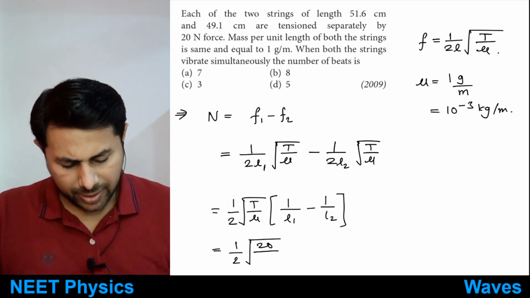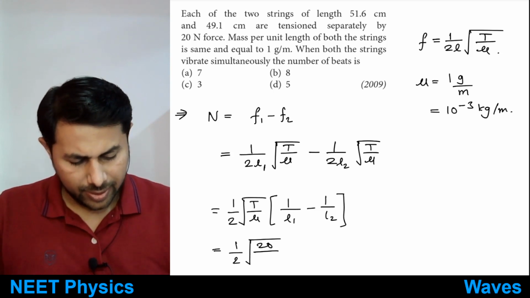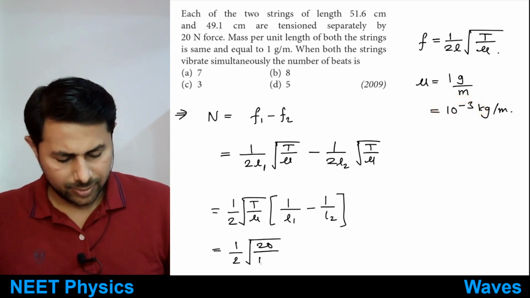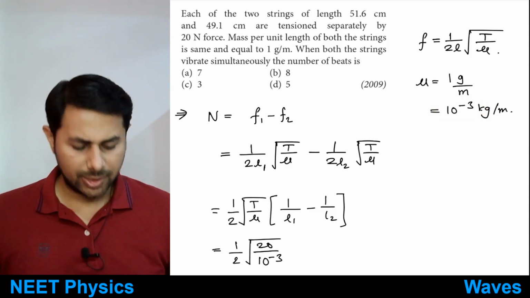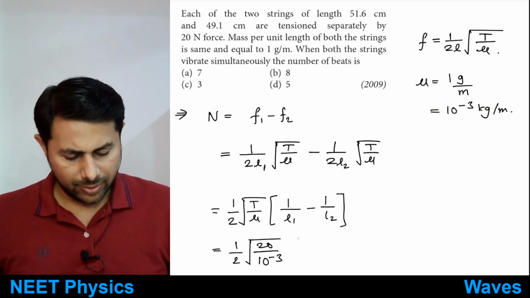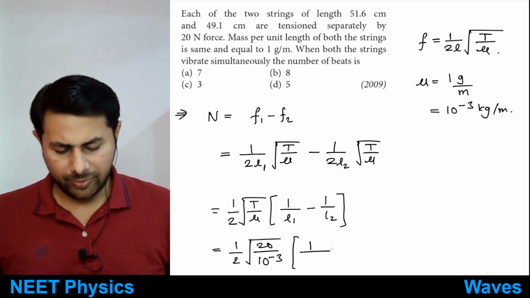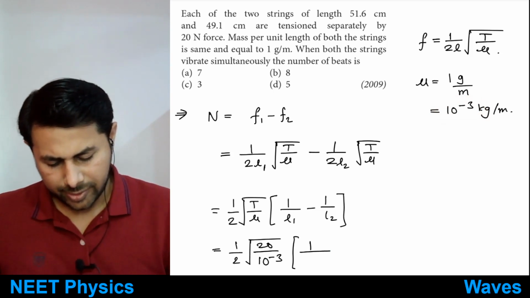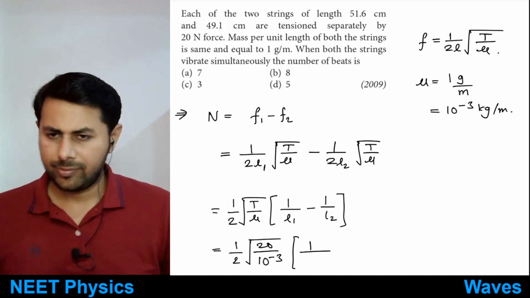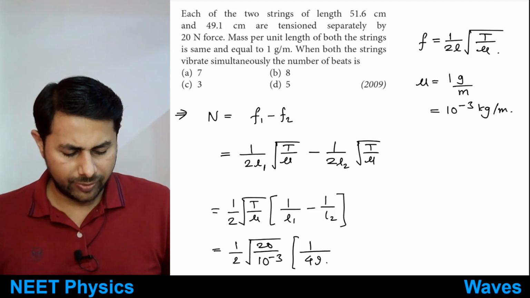So that's 1 by 2 square root of 20 divided by 10 raised to minus 3 in the denominator, and then you have 1 by L1. Let's take L1 as 49.1.